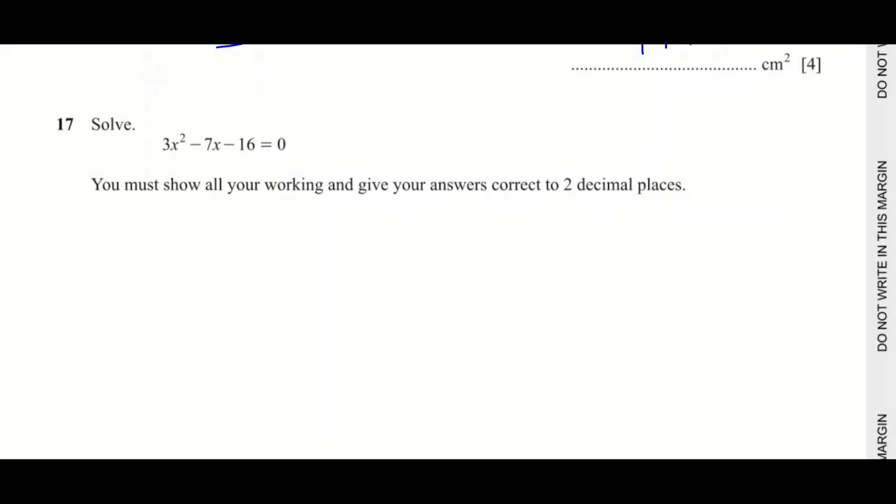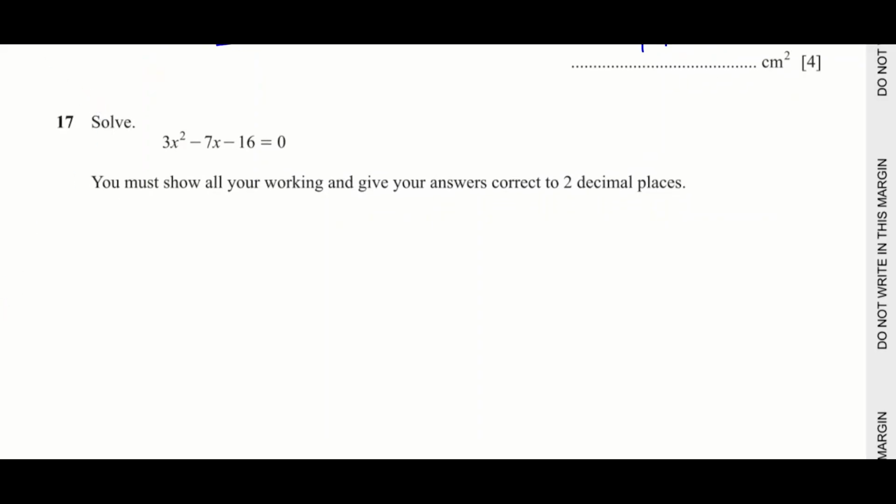Solve 3x squared minus 7x minus 16 equals 0. You must show your working and give your answer correct to 2 decimal places. If you compare this with the general form of a quadratic equation, ax squared plus bx plus c equals 0, you will see that a equals 3, b equals negative 7, and c equals negative 16.